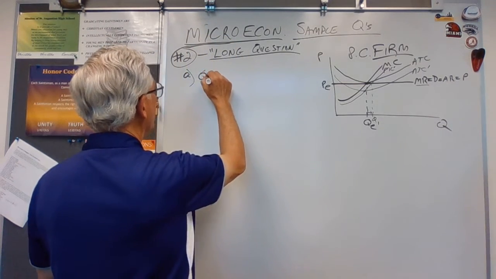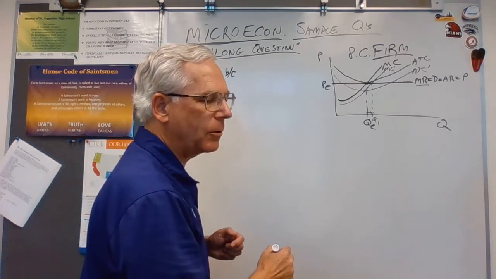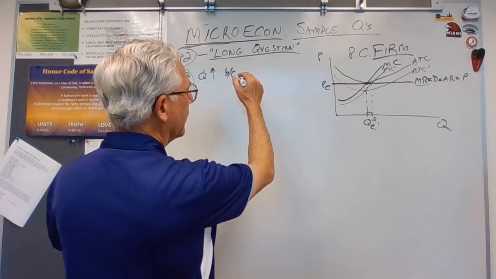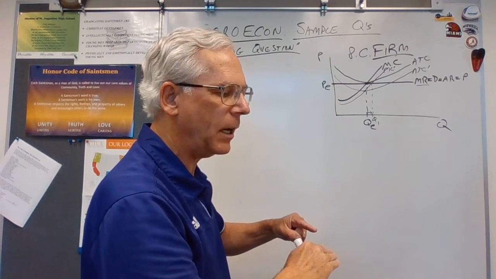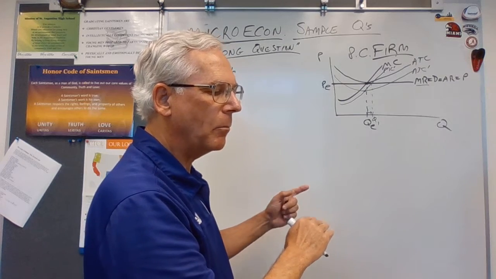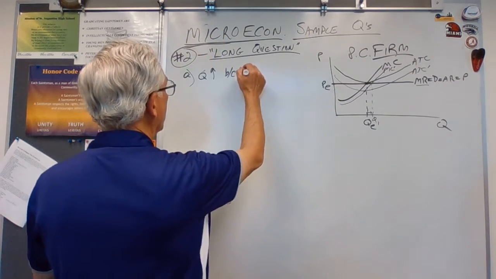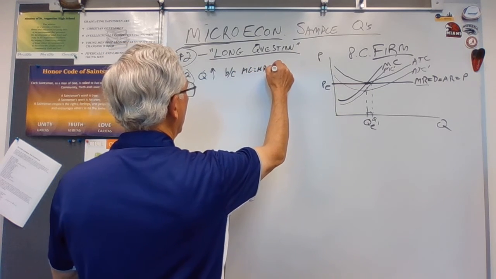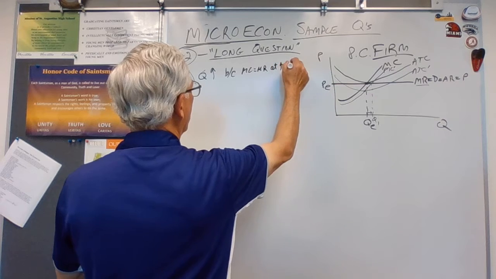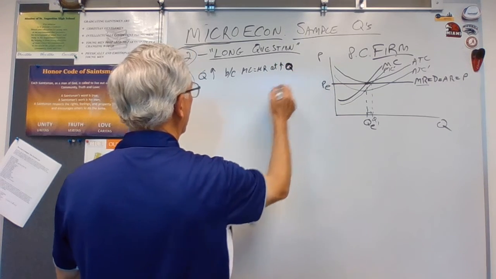Q will increase, and it wants to know why. The reason is because the ATC and the marginal cost curves drop down, okay? And marginal cost equals marginal revenue at a higher Q, because marginal cost equals marginal revenue at a higher quantity, okay? All right.